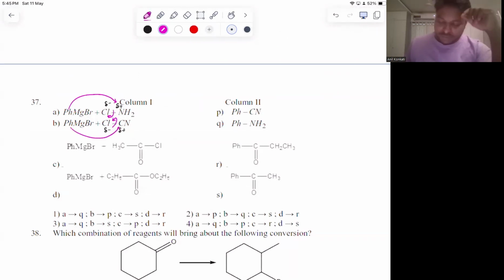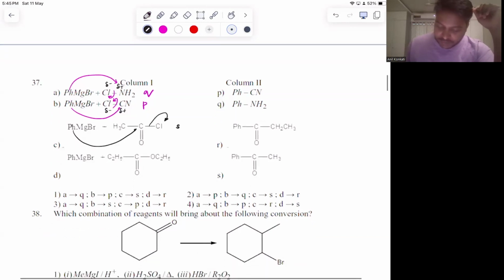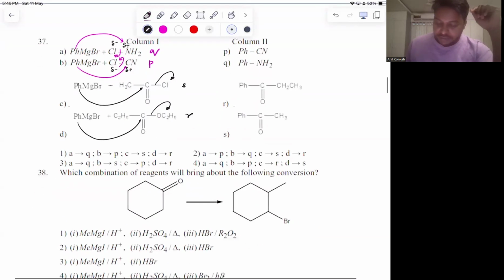So A would match with Q, B would match with P. Next, here phenyl is attacking on this carbon, removing chlorine. That makes it ketone, which is S. And here, this will attack here, removing here. That will also become a ketone, which is R. So QPSR, that will be 1.